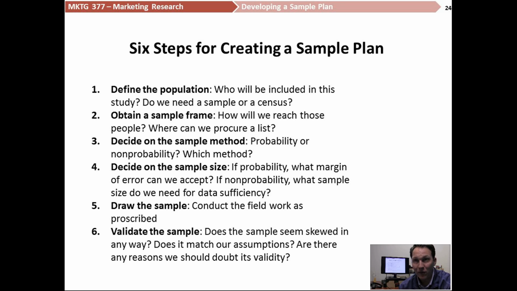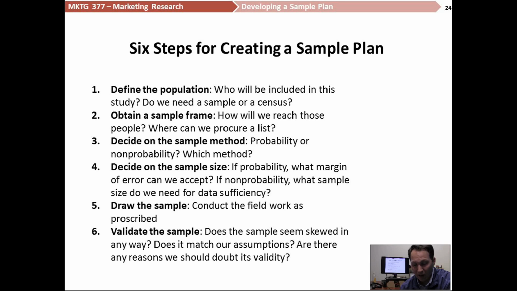Next, you're going to obtain your sample frame. So once you've defined your population, you need to get a list of the people that are going to be in your population, and you need to decide where you're going to get that list from. Then you can decide on your sample method, which you're going to think about probability or non-probability, and which of those methods that I shared with you, simple random, interval, stratified, cluster for probability, convenience, purposive, referral, or quota from the non-probability, which of those are you going to use?